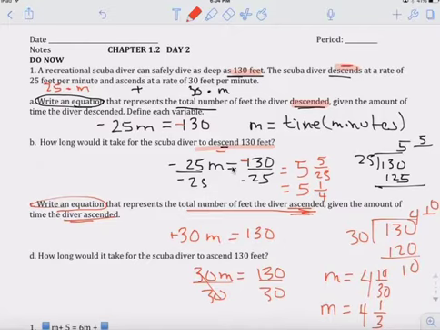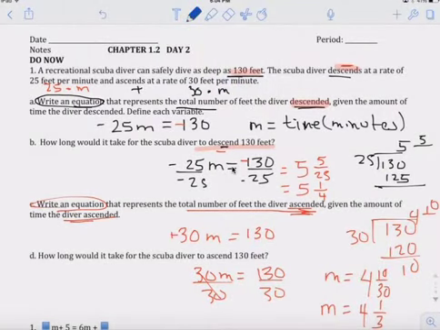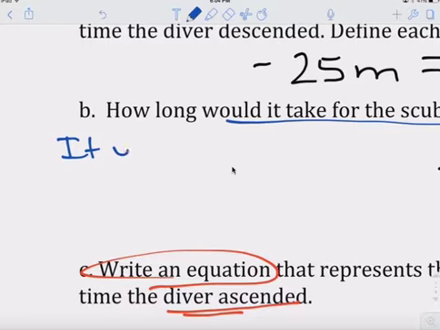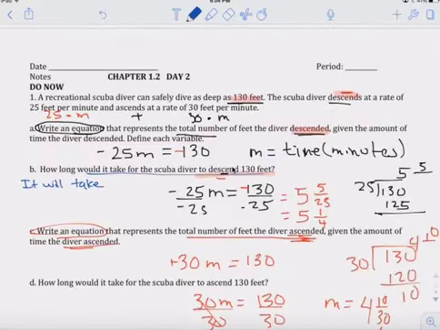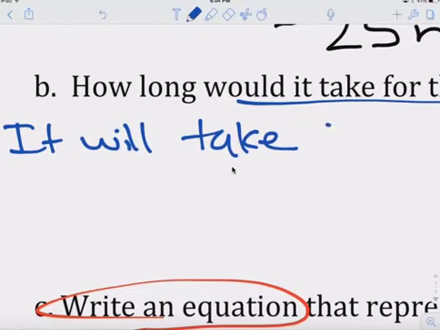Okay. So we need to remember to answer these questions in a complete sentence. This is Common Core. How long will it take the scuba diver to ascend to 130 feet? If you don't write a complete sentence on the test, I will only give you a 3. I like to leave without a complete answer too, but that's not realistic for our time.